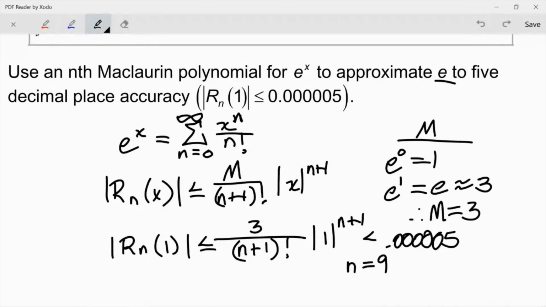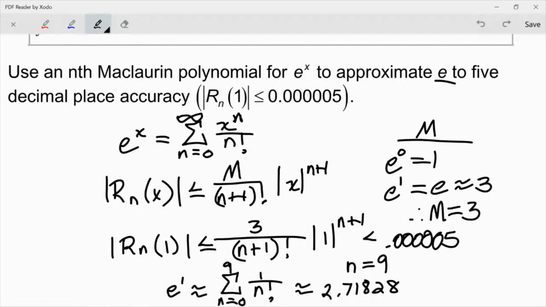So what that means is if I want e to the first power evaluated to that 5 decimal place accuracy, I'm going to go from n equals 0 to 9, and I'm just going to do 1 over n factorial, because when I simplify x to the n over n factorial, when x is 1, it just gives me 1 to the n, which is 1. Okay, so that then is approximately, if we plug that into the calculator, 2.71828. So that's my approximation of e accurate to 5 decimal places.